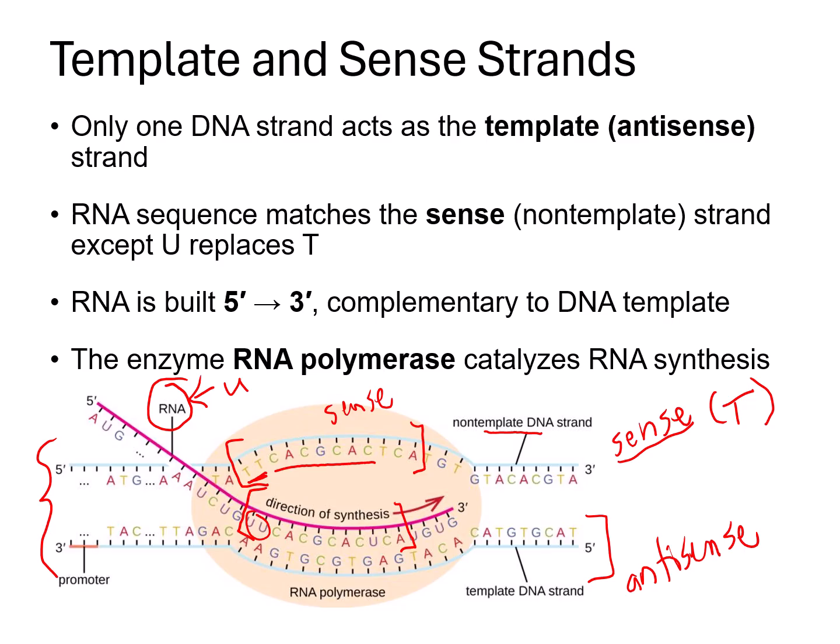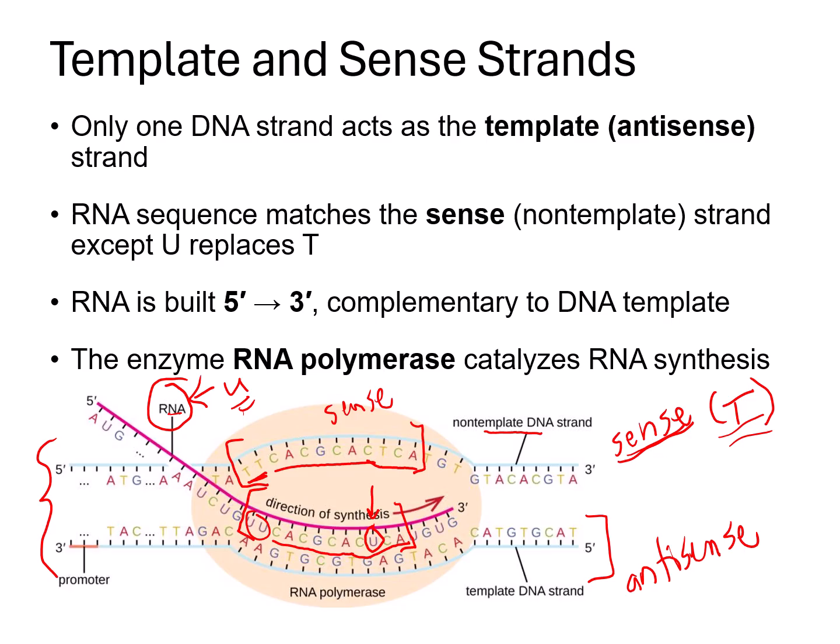CAC, GCA, so CAC, GCA, and then CTCA. I have CUCA instead, because remember there are no T's in my RNA. So they're going to be identical in sequence, except for those T's and U's, although in our book, in this picture, if you look very carefully, there are some typos. Don't worry about those typos. Know that the sense and the RNA strand should be identical except for that U versus T.